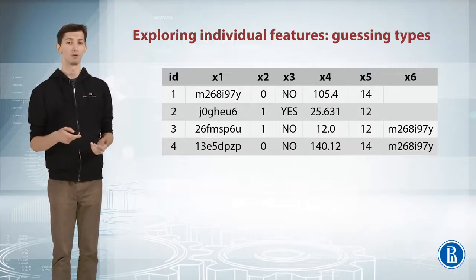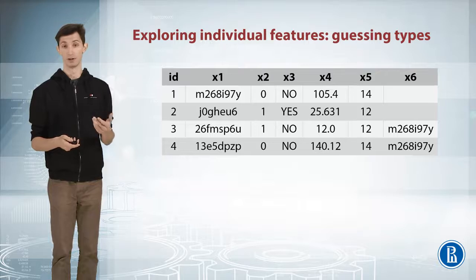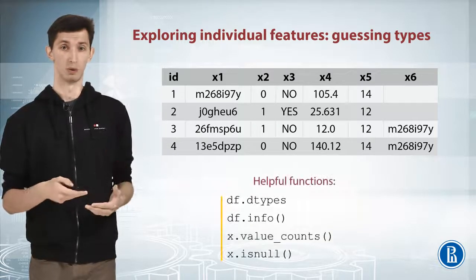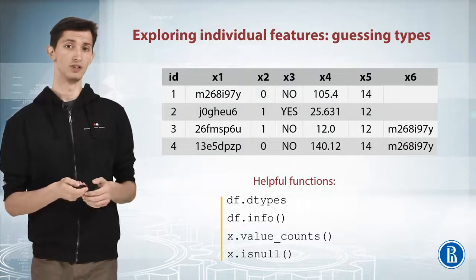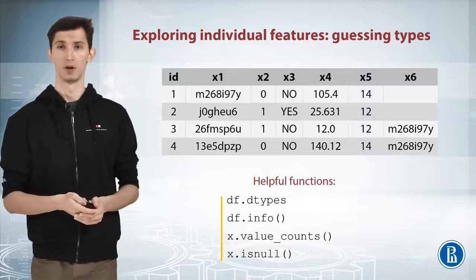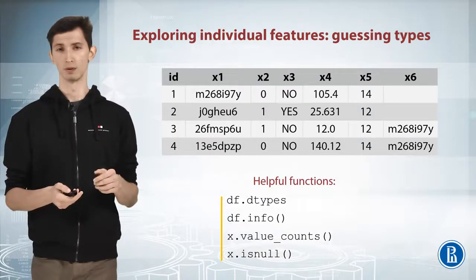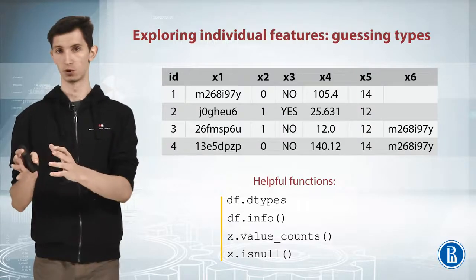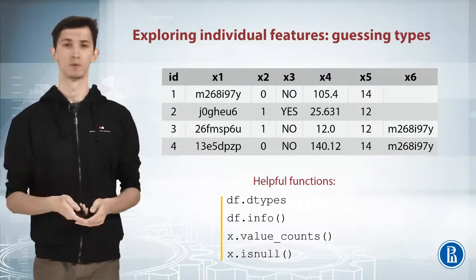But what if there are thousands of features in the dataset? There are useful functions to facilitate our exploration. The dtypes function from pandas guesses the types for each column in the data frame. Usually it groups all the columns into 3 categories: float, integer, and the so-called object type.